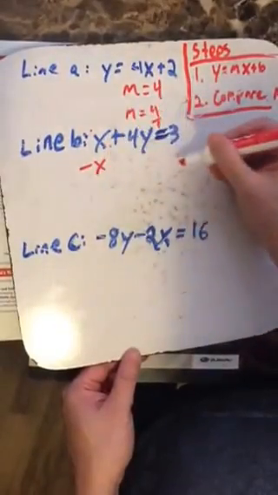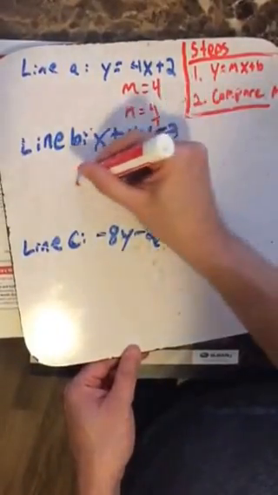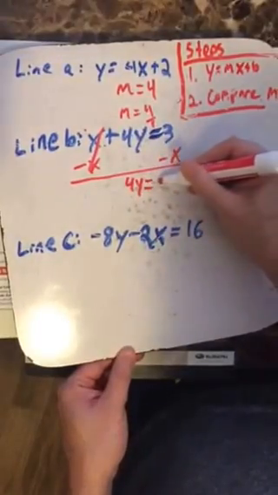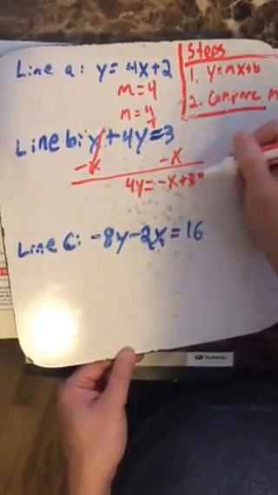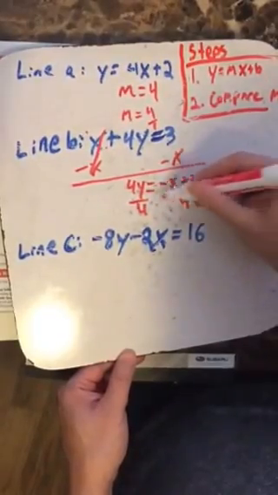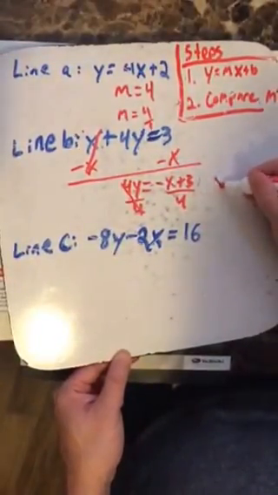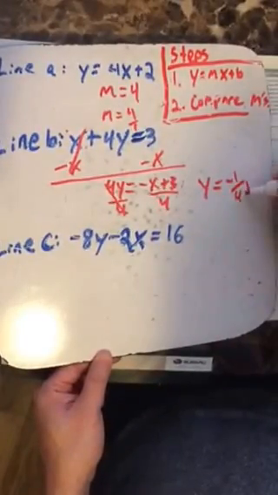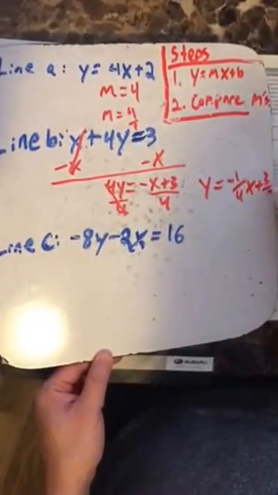We'll subtract x from one side and from the other. So we'd have 4y equals negative x plus 3. And then we divide both sides by 4. Now we'll move it to the side here. We'd have y equals negative 1 over 4 x plus 3 over 4.